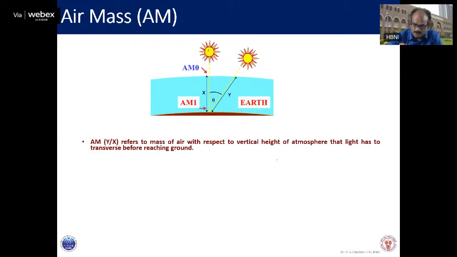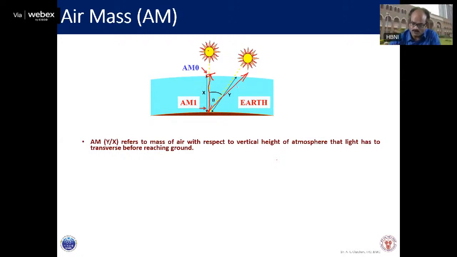At noon, the radiation coming from the sun passes through this much amount of atmosphere. In the evening, or at some other point of time, it passes through a slightly bigger distance than the minimum distance. So the minimum distance is, suppose, x.